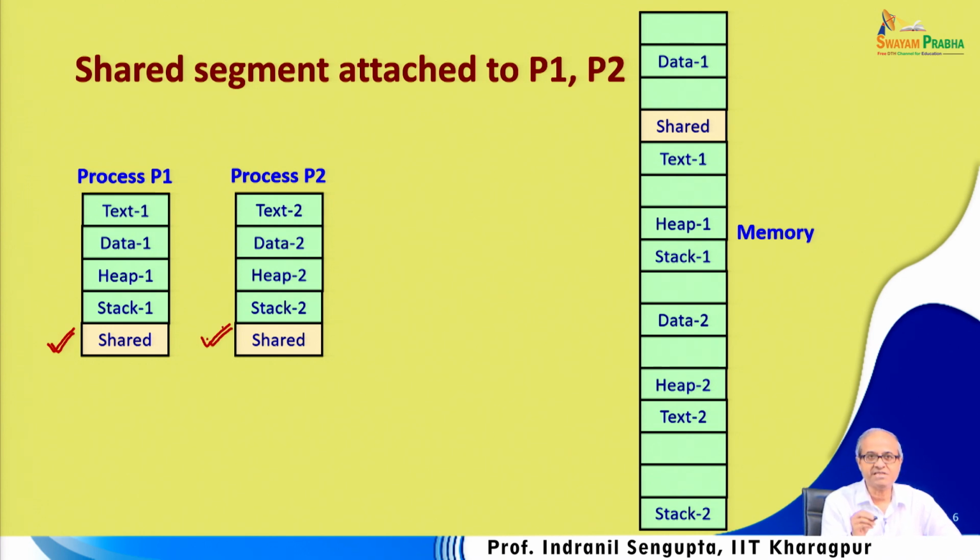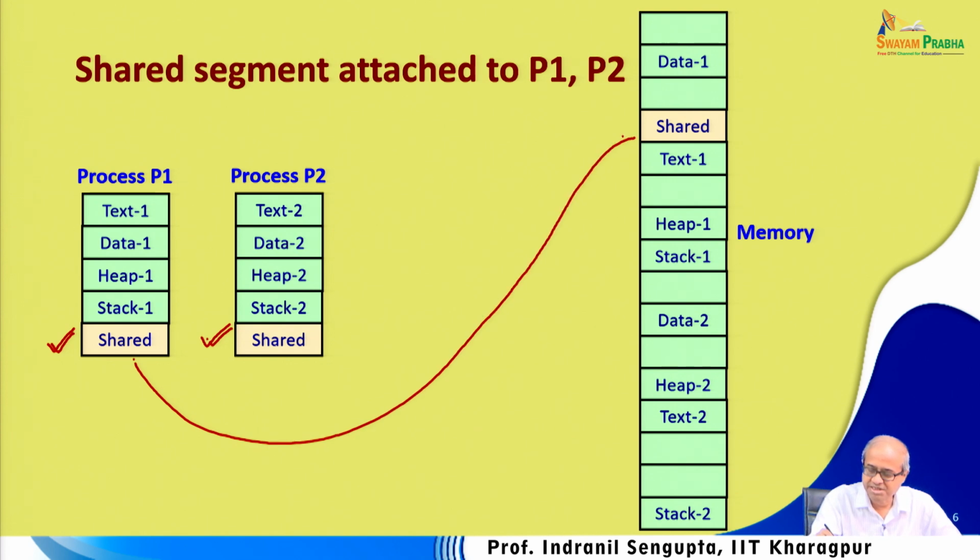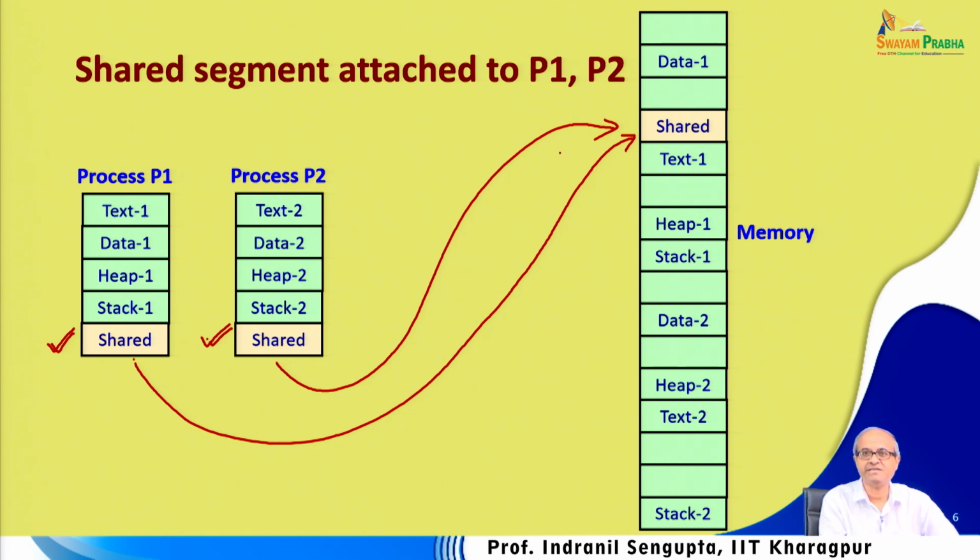The difference of this region is that both of them are pointing to the same location in memory. Unlike the other regions which are totally separate, this shared region is attached to the address space of both the processes, but they refer to the same data block in memory.